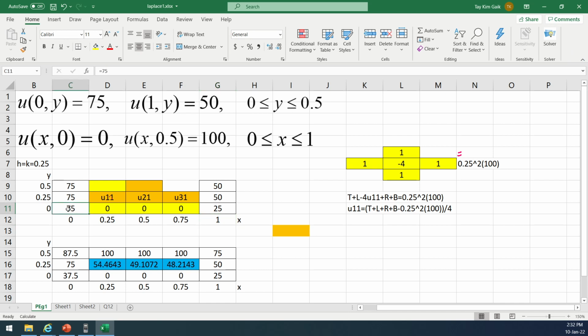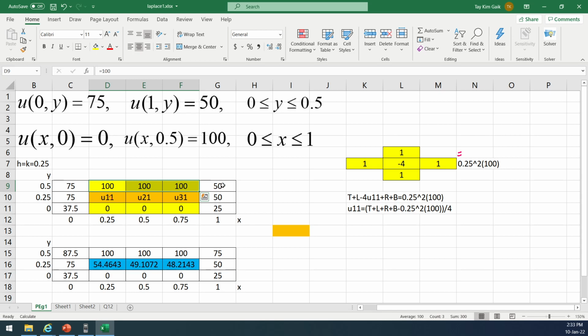Okay, this corner point is also contradictory. From the left boundary it is 75, from the bottom boundary it is 0. Then you may add up, divide by 2. Okay, ux 0.5 equal to 100 means when y equal to 0.5 for all the x, u is 100. So you can put it equal 100, and when you copy it, it is always 100.